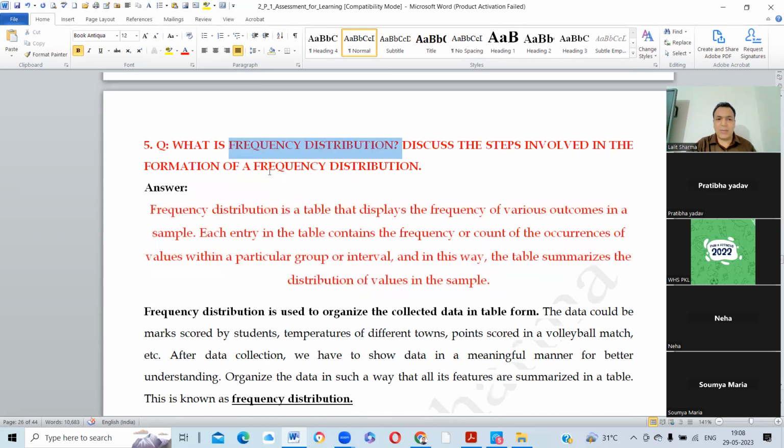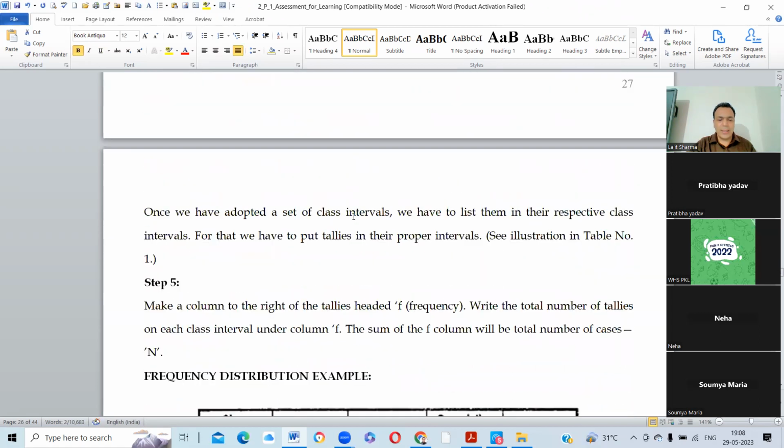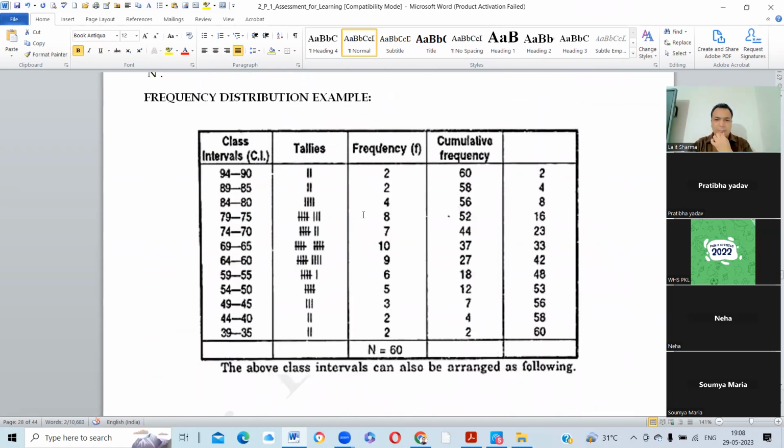Guys, here you have to learn the word frequency distribution. This is called the frequency distribution. Okay. For example, you have conducted a test. So you have 40 students in your class, right?